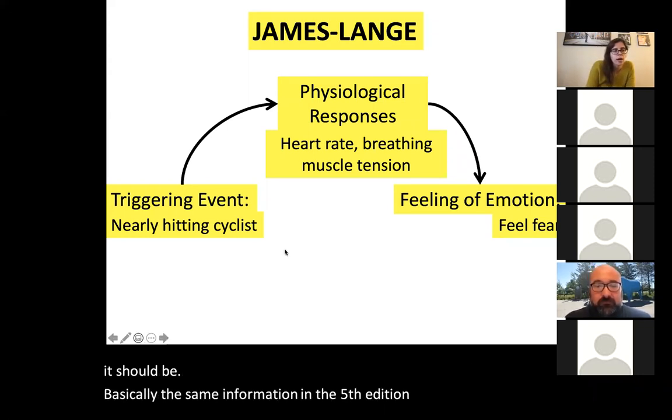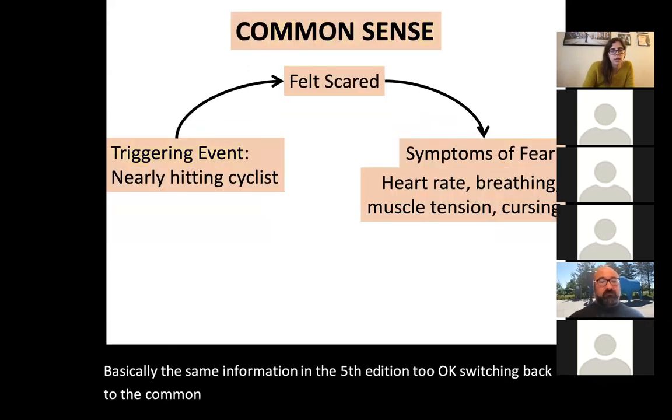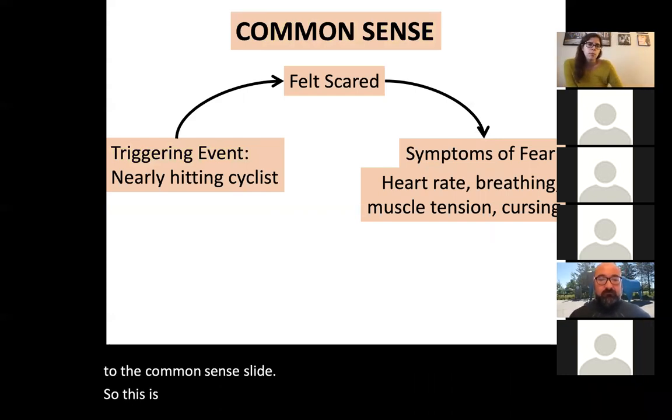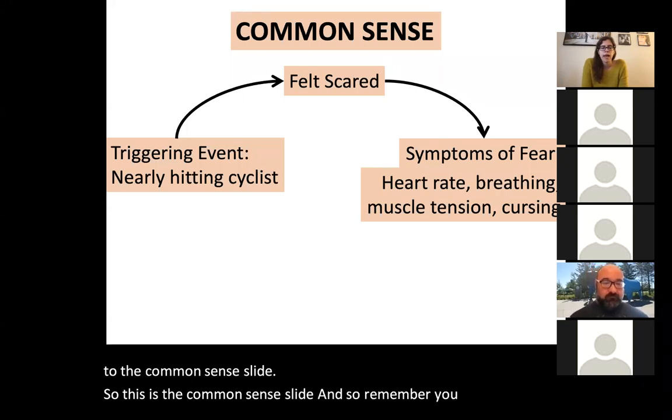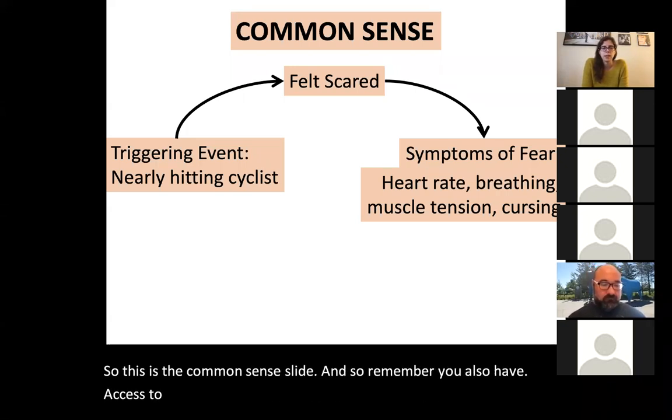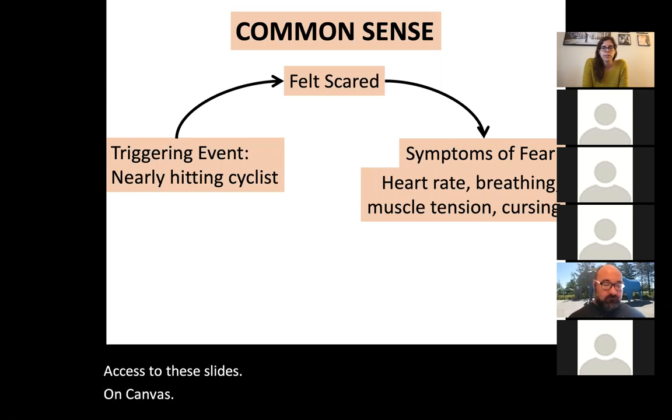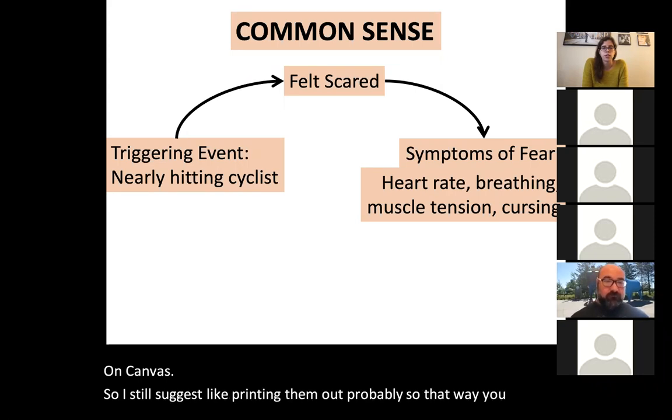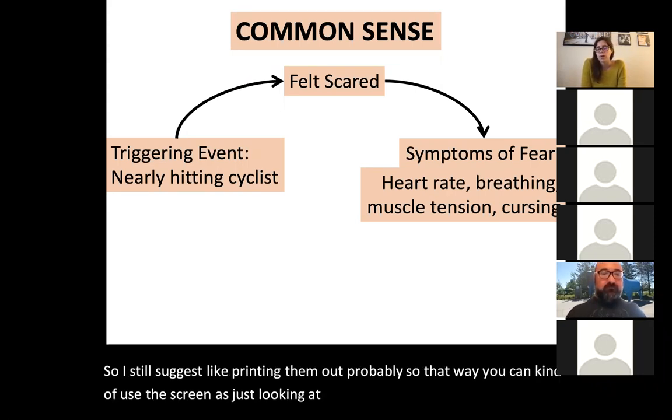Okay, switching back to the common sense slide. Remember, you also have access to these slides on Canvas. I still suggest printing them out, so you can look at the screen share and write things down.